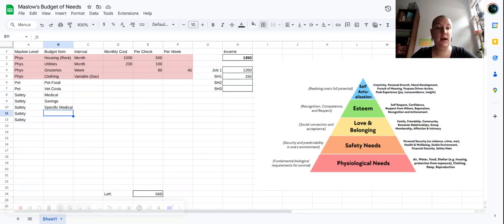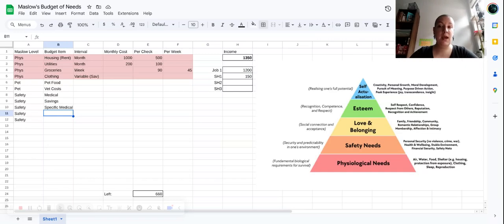Additionally, for financial security, if you have debt that you're paying down that is the type of debt that if you don't pay it, it's going to severely negatively impact your life, that would probably go with safety because it's financial security. Now, if it's the type of debt where if you don't pay it, it will not be as big of a deal as soon, that's more likely to be further down in the esteem category.